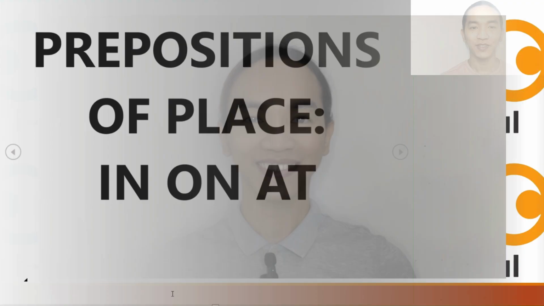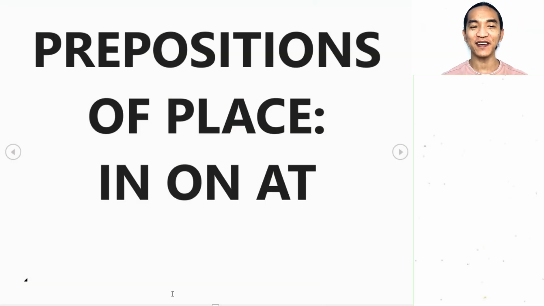Let's go. So for today, let's talk about the prepositions of place using in, on, and at. But of course, in, on, and at are also used as prepositions of place, and they have their individual meaning on how or when we use these prepositions. So let's see.